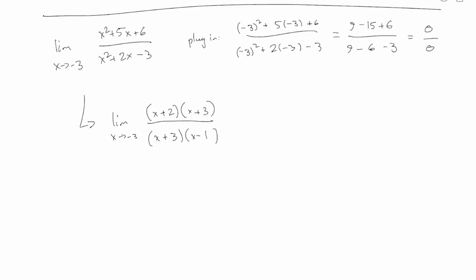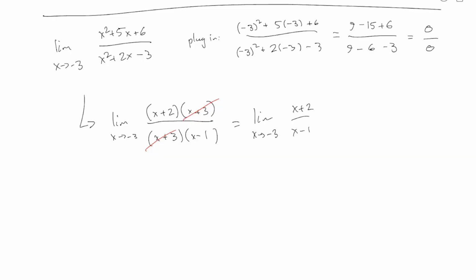And lucky for us, after factoring, you can see that some of this is going to cancel. The x plus 3 on the top and the x plus 3 on the bottom will cancel. All right, so after doing that cancellation, it's the limit as x goes to minus 3 of x plus 2 over x minus 1. And that actually cannot be simplified anymore. Don't try to cancel the x's or something.